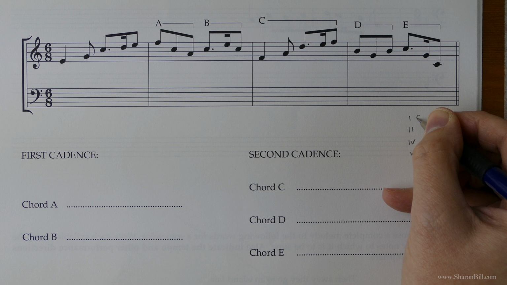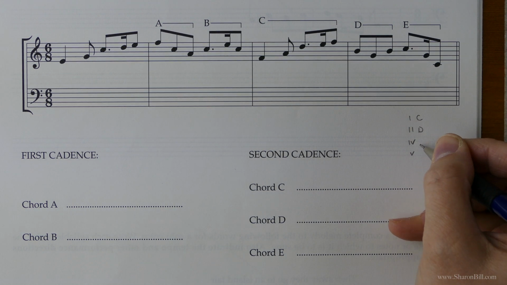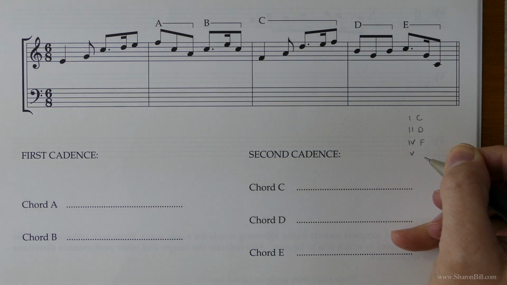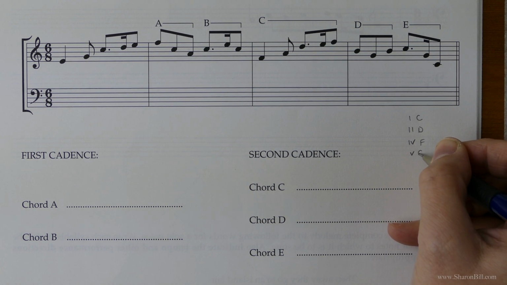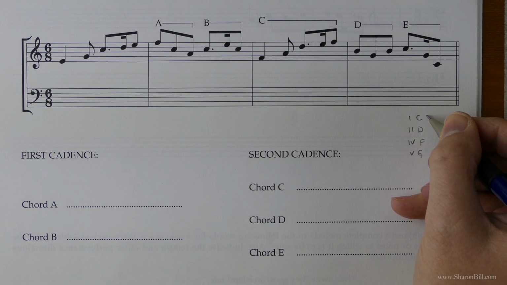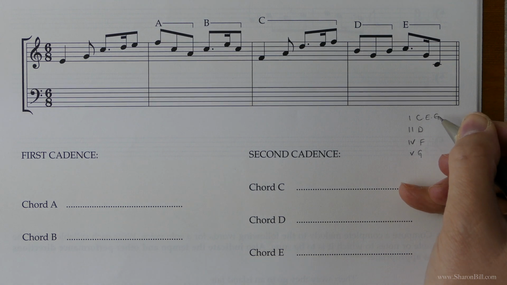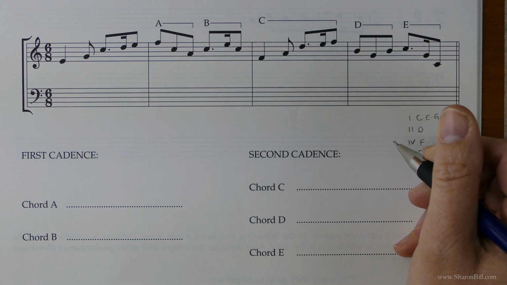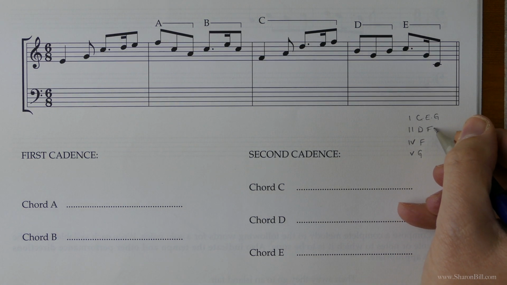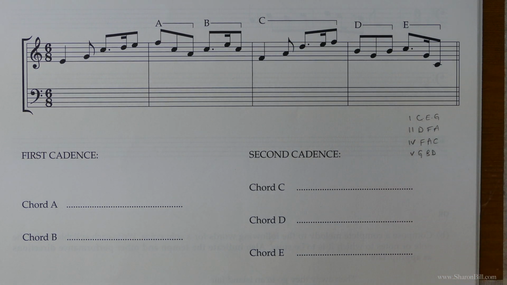Chord 1 of course is built on C, chord 2 is built on D, chord 4 is built on F, C, D, E, F, and then G is chord 5. Let's build our triads. First, third, fifth: C, E, G; D, F, A; F, A, C; G, B, D. So they're the chords we're looking for.